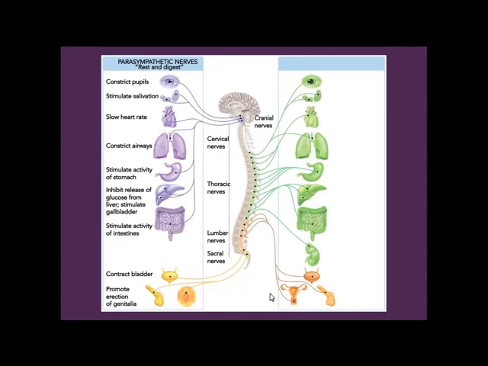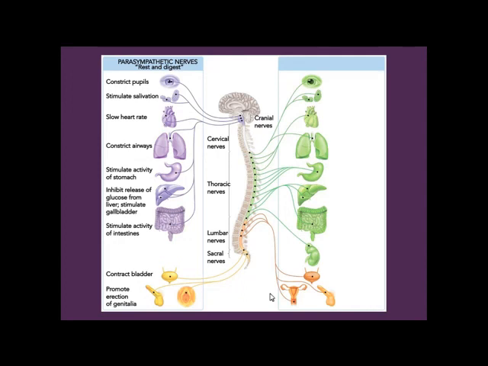Another way of thinking of the parasympathetic nerves is our rest and digest mode. So normally our pupils are constricted, we can salivate, we have a relatively slow heart rate, our airways are a little bit constricted, we are able to digest food, our liver is not secreting extra glucose or stimulating the gallbladder.